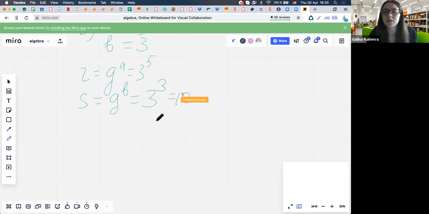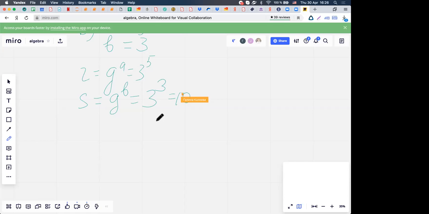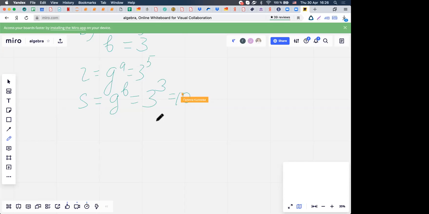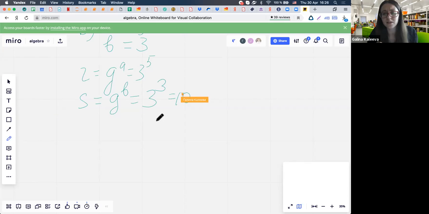Isn't it easier to multiply 10 by 3, which is 30, and it's 6 modulo 17? No, it's not 6 modulo 17, what is it? It's minus 6, maybe 11 modulo 17.